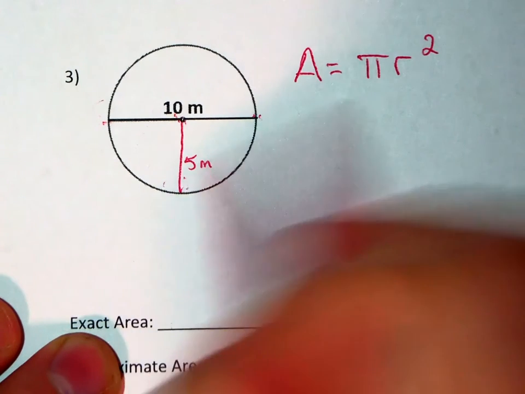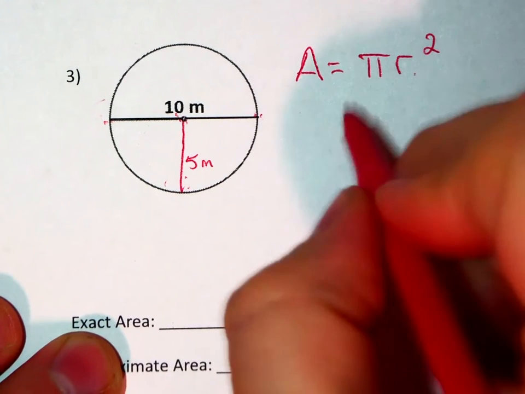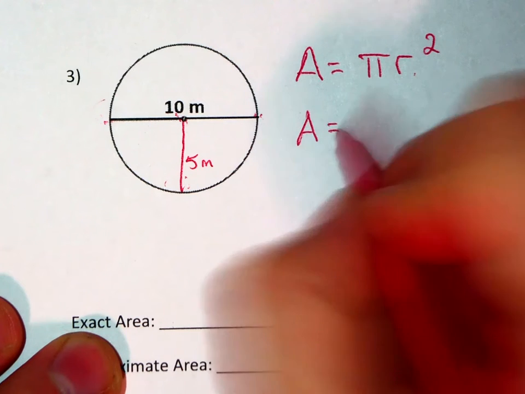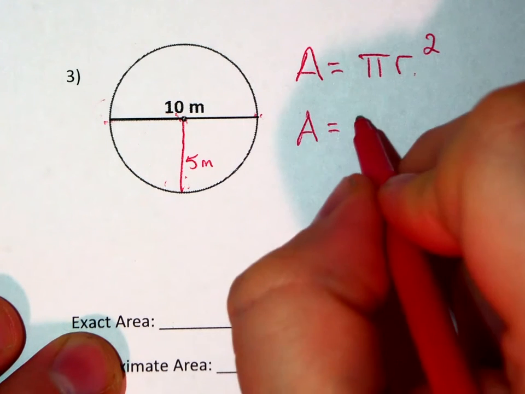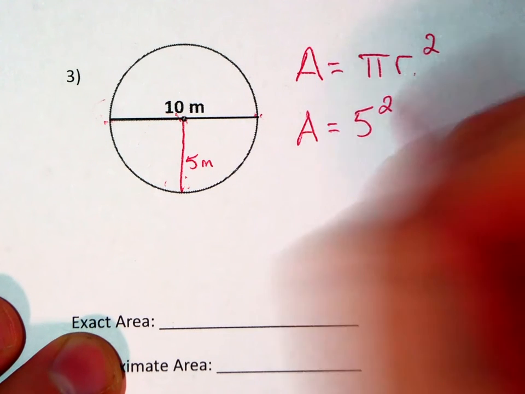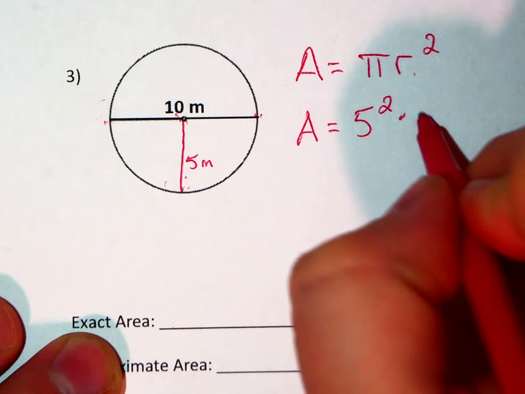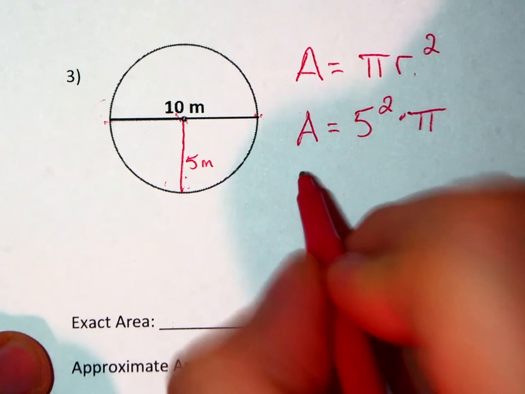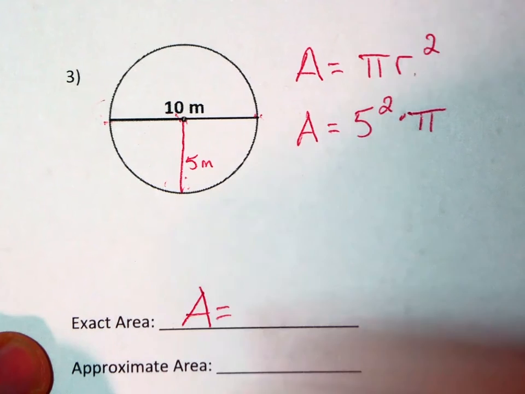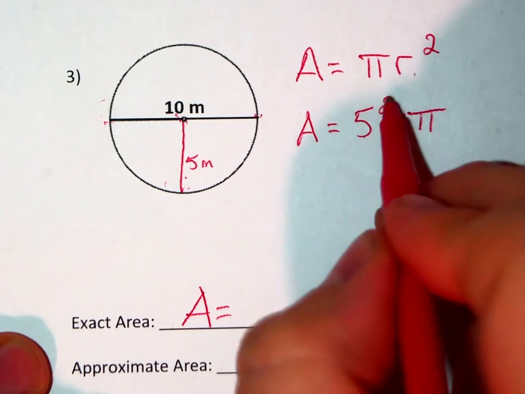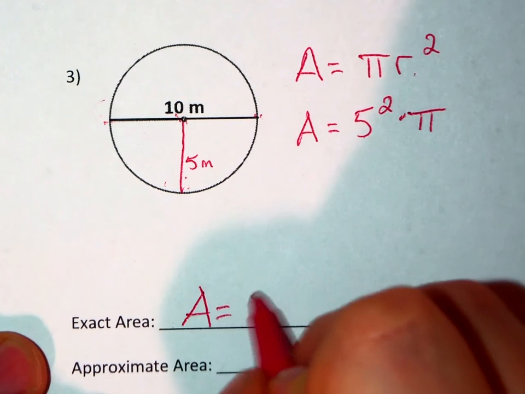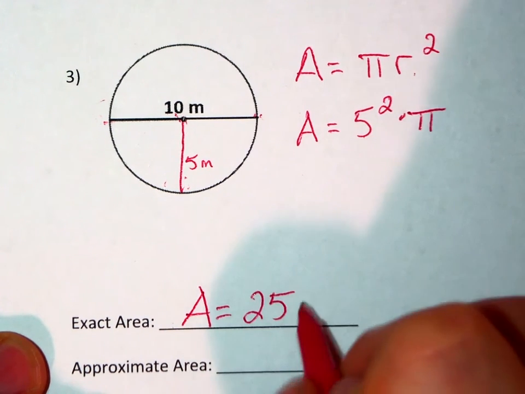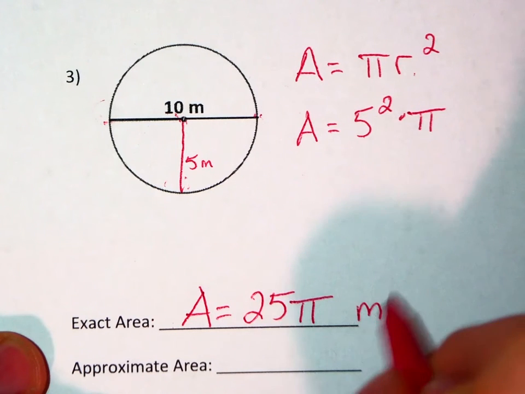Now I can plug 5 into my formula. A equals, I'm going to rearrange these two, 5 squared times pi. So now my exact value would be A equals 5 times 5. Well, that's 25 pi meters squared.